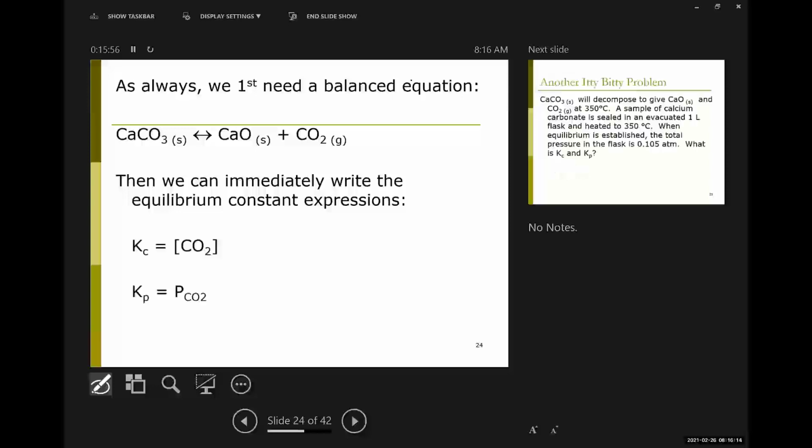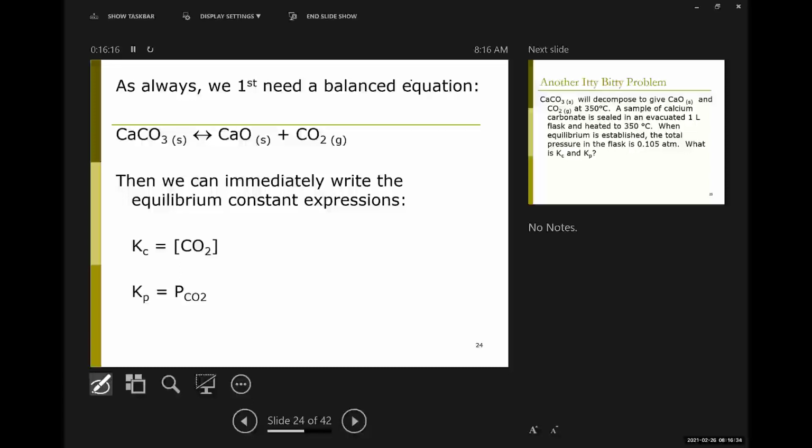In this case, welcome to the simplest equilibrium expression of the semester, right? I have two solids and a gas, right? So again, pure solids and pure liquids don't really have concentration. They definitely don't have pressure.